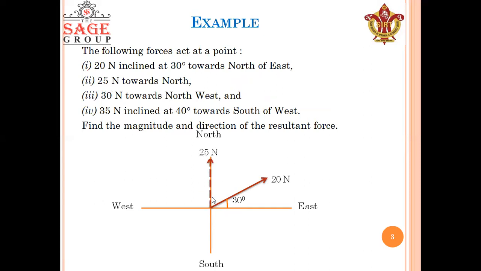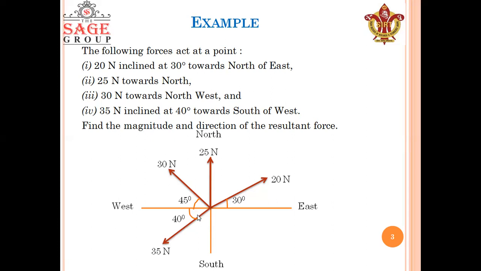Then 30 Newton inclined at 30 degrees towards the north of west. Last, 35 Newton inclined at 40 degrees towards the south of west.